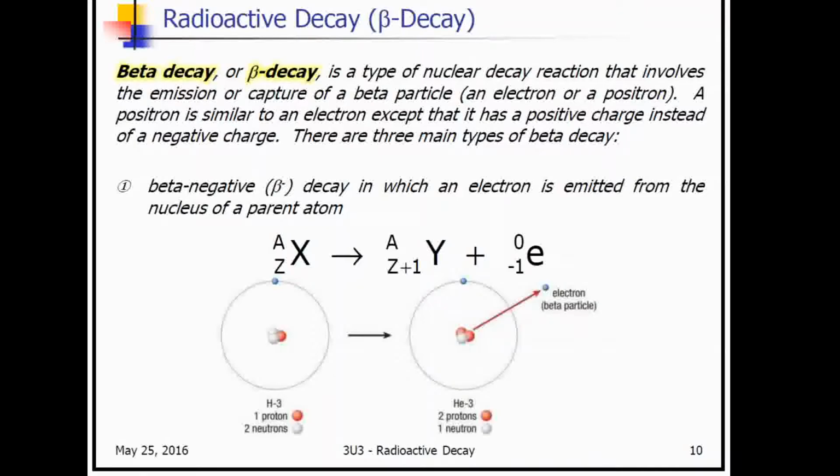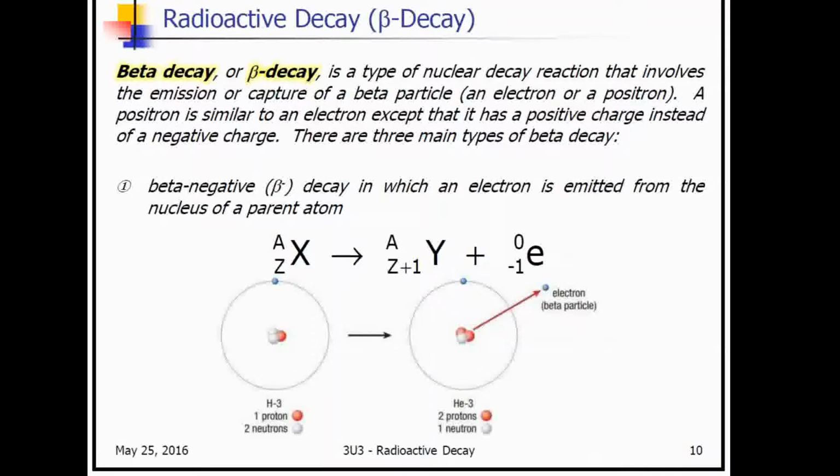So beta negative decay is shown here. This is when we have our parent atom, and it increases in atomic number. So the Z increases by 1. This happens when an electron is emitted. And we can see a sample here of hydrogen-3.